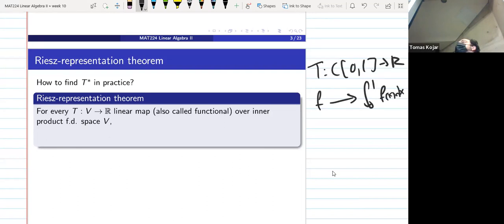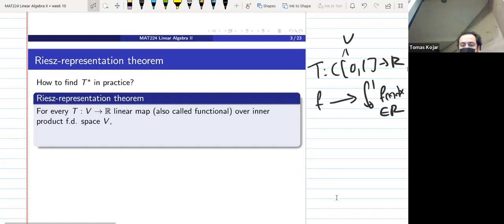This is called a functional because it takes the vector space V into a number. So you start with some crazy function space, which is uncountable, and then this functional spits out numbers.